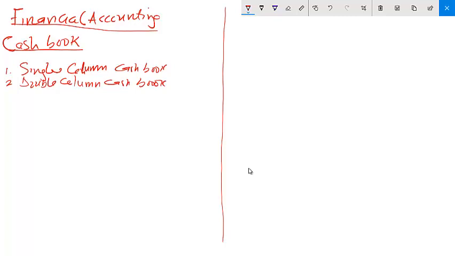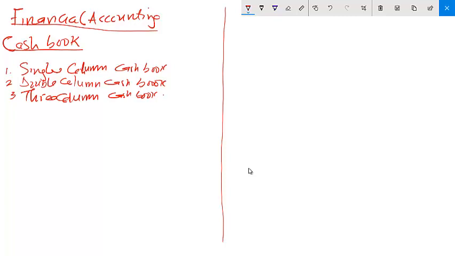And 3, we have the three column cash book. For the sake of this class, we'll only be looking at the double column cash book and single column cash book, as everything we'll be discussing in the double column cash book covers whatever we would have discussed under single column cash book.